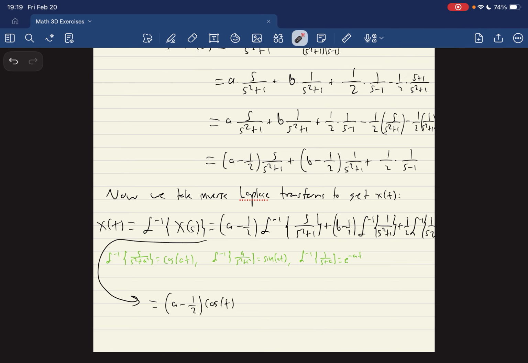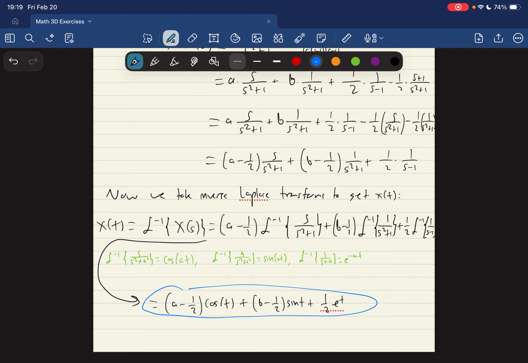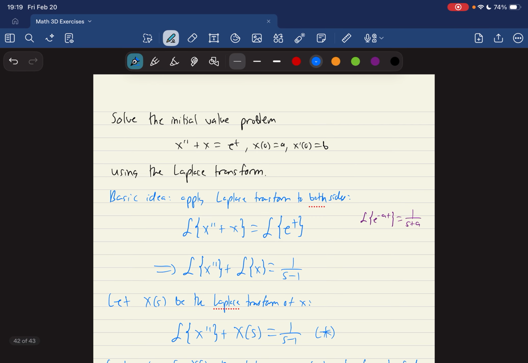And similarly, a is 1 for this formula here, so I'm going to get sine of t, plus b minus 1/2 times the sine of t, and then plus 1/2 times the inverse Laplace of 1 over s minus 1. Looking at this formula here, we're going to get e to the t, so this will be 1/2 e to the t. And thus, this is the exact solution to my original IVP right here.